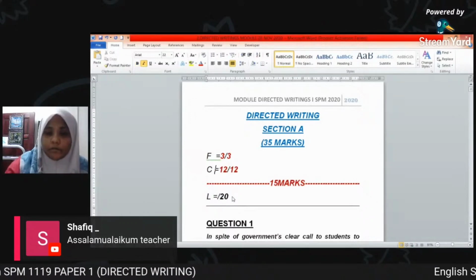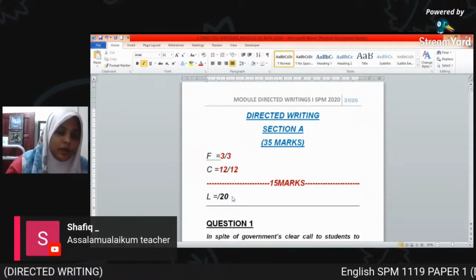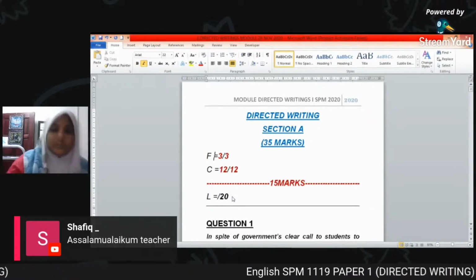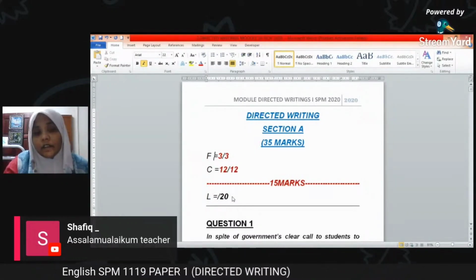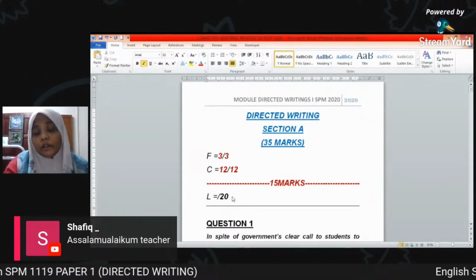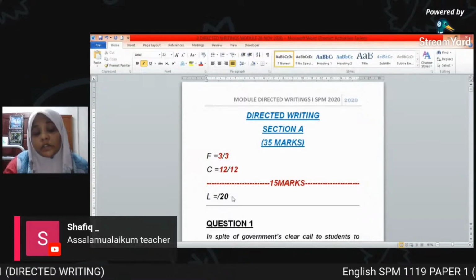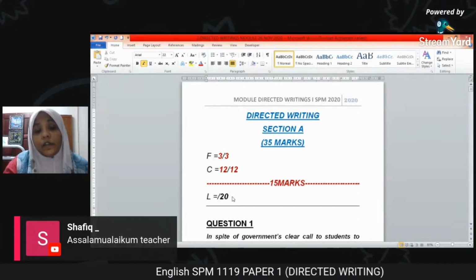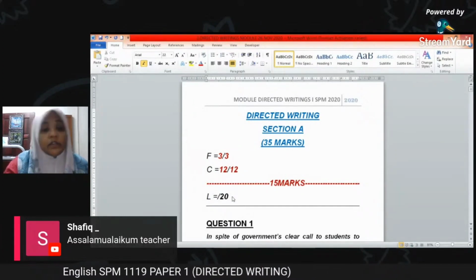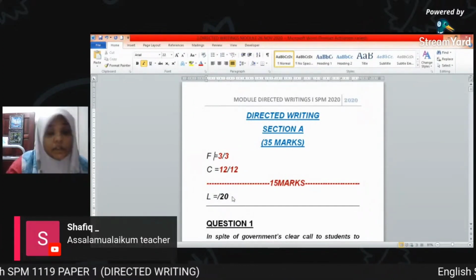Now, one advantage of directed writing is that the format part is a bonus mark given to you, 3 marks, as well as the content points because the points have been given.